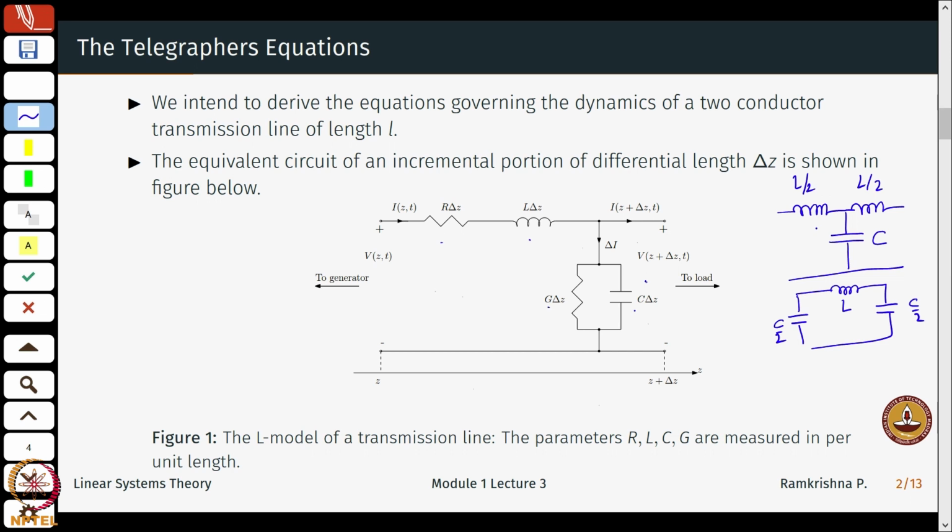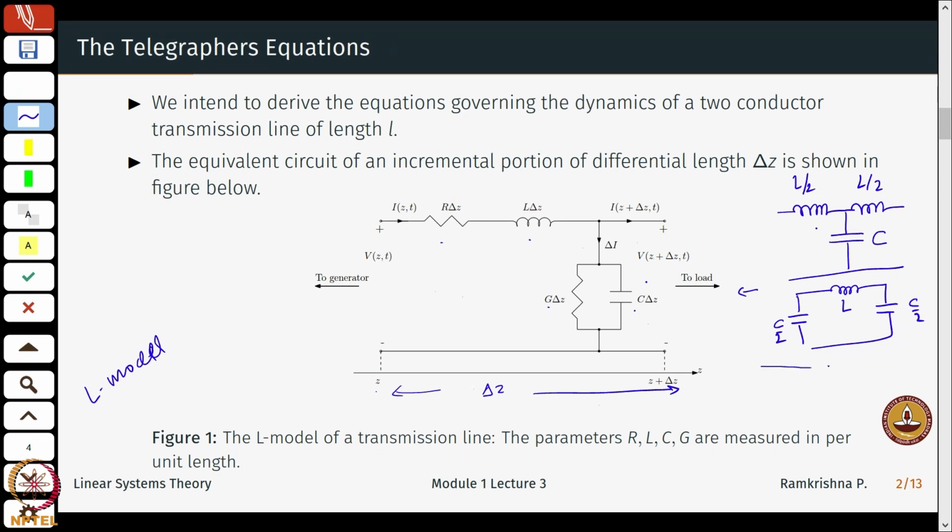So we start with what is a simpler version of these models called the L model, right. So this is called the L model of the line. Okay, so if I take a small element starting from Z to Z plus delta Z, which means that this entire thing is of length delta Z. Okay, so if R, L, C and G are measured per unit length in a little element of the transmission line.